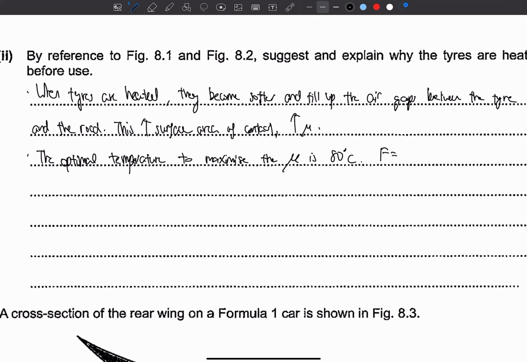By F equals to μW, when the coefficient of friction is at a maximum, the force will also be at a maximum.